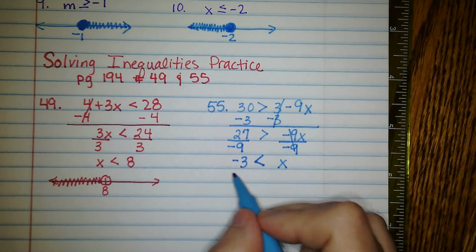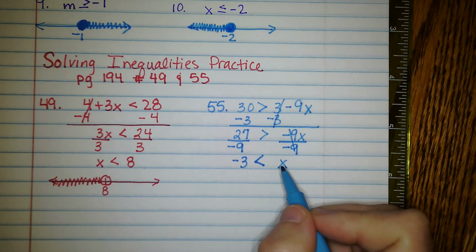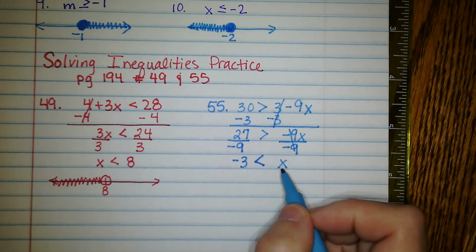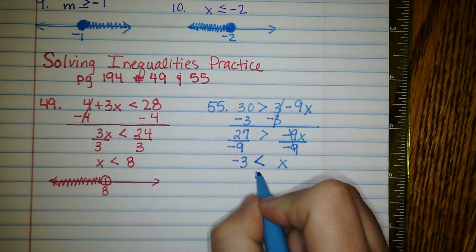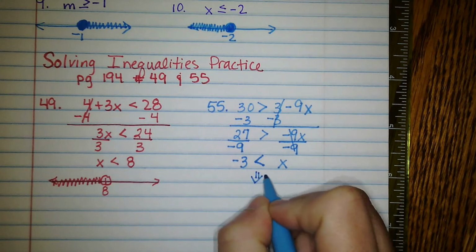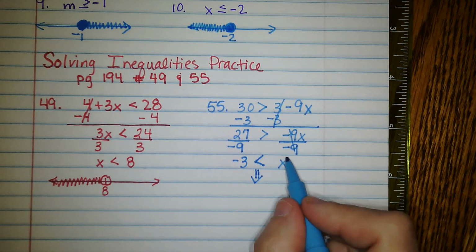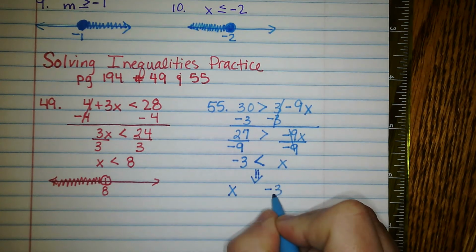So this is solved and this is done, but this is not in the correct form to graph it. In order for us to graph it, we need the variable on the left side of the symbol. So what we're going to do is take this and transform it. So I'm going to draw a little arrow to show a transformation. And that means that we need to have the x on the left and the negative 3 on the right.